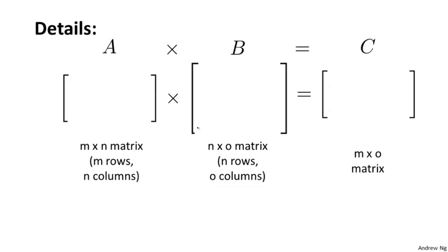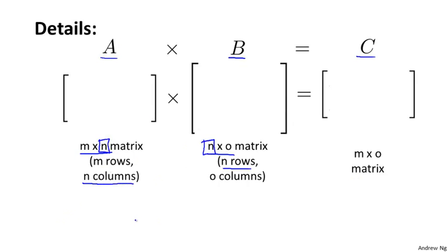Here are the details. I have a matrix A, and I want to multiply that with a matrix B, and the result will be some new matrix C. You can only multiply together matrices whose dimensions match. So A is an m by n matrix, so m rows, n columns, and I'm going to multiply that with an n by o matrix. This n here must match this n here, so the number of columns in the first matrix must equal the number of rows in the second matrix.